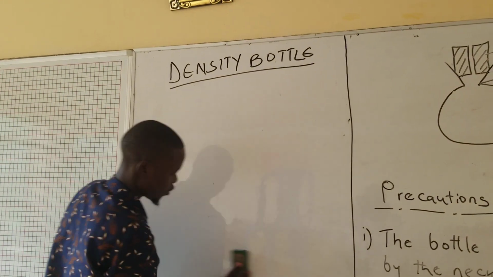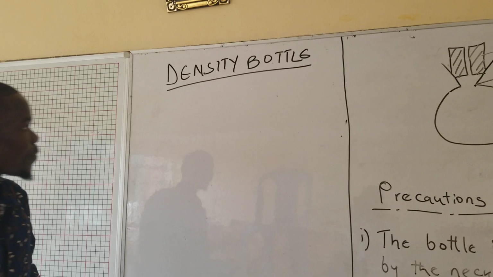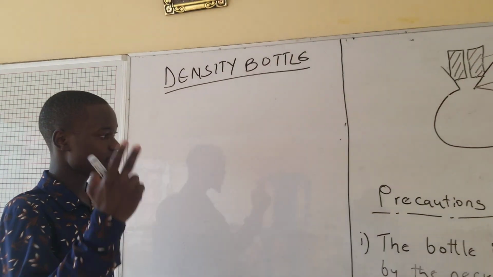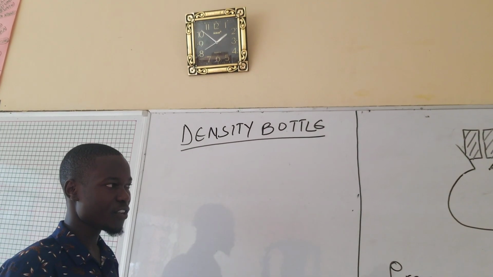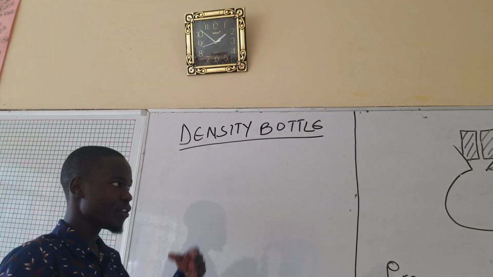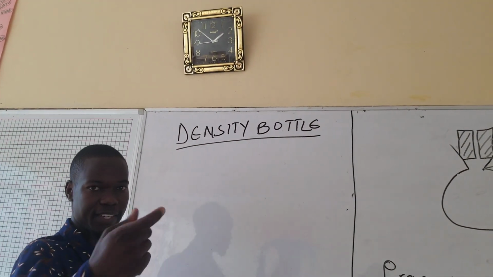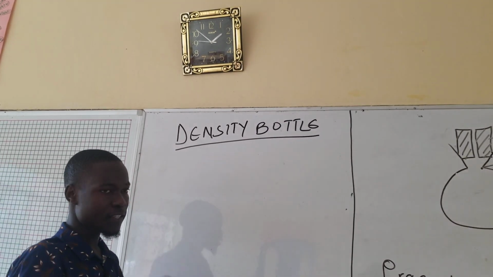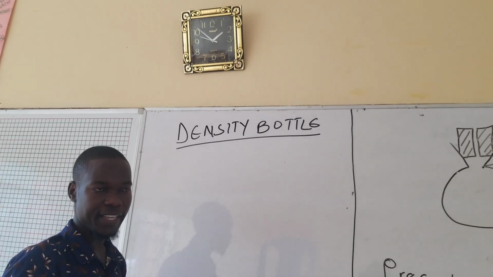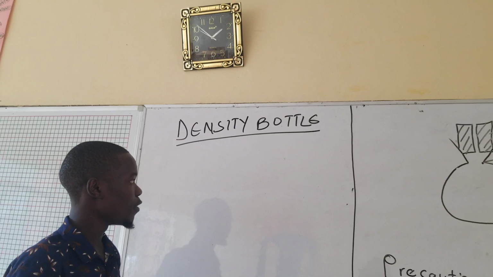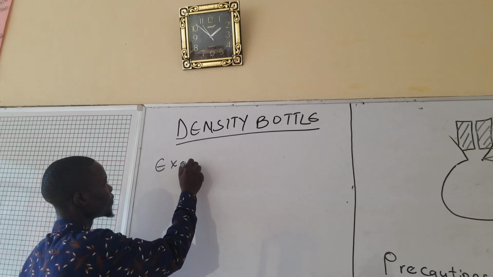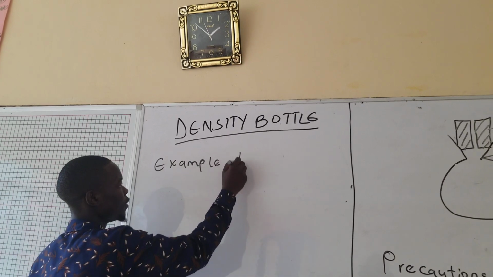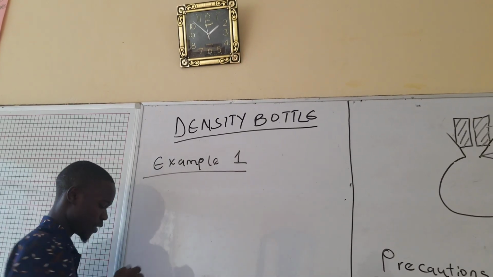The first example is going to talk about a liquid, and the other example is going to talk about a solid. So in the liquid, we are going to determine the density of that liquid, and for the solid, we're also going to determine the density of the solid. So, example 1.